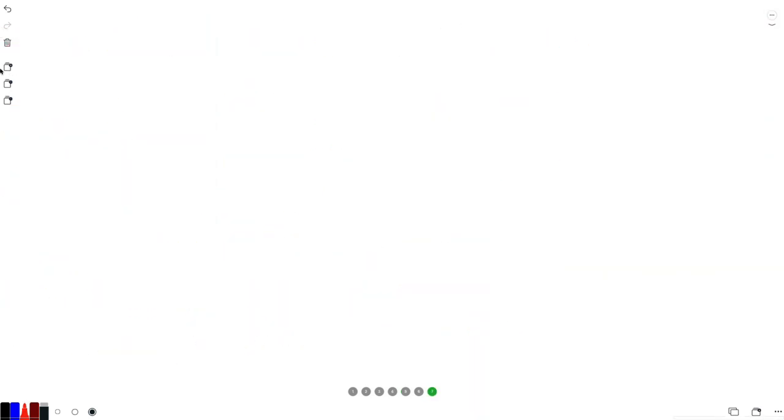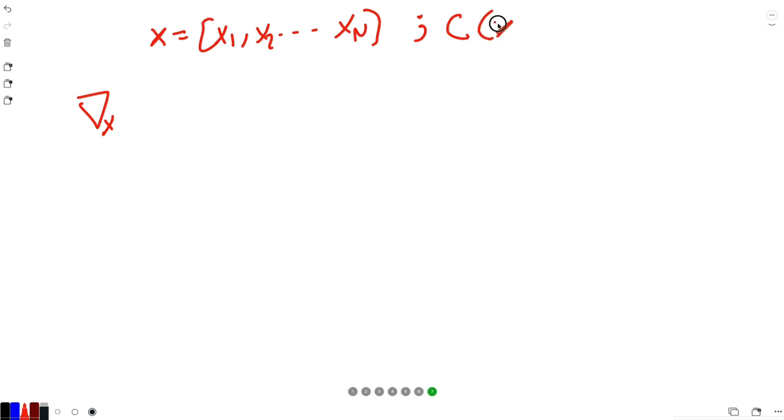Okay, let me repeat now. We have the vector x of x1, x2 up to xn. Now I define the gradient of the function, as we are looking for the minimum or critical point of the function c of the vector x. We define the gradient of c as a vector of partial differentiations of c of x, with respect to only a single parameter each time.